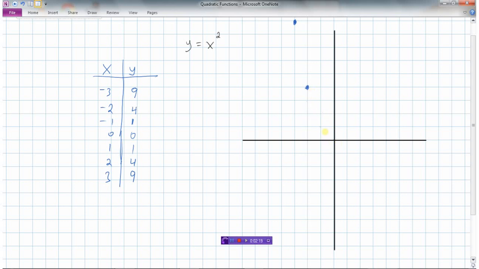And when x is minus 1, y is 1. When x is 0, y is 0. When x is 1, y is 1. When x is 2, y is 4. And when x is 3, y is 9.